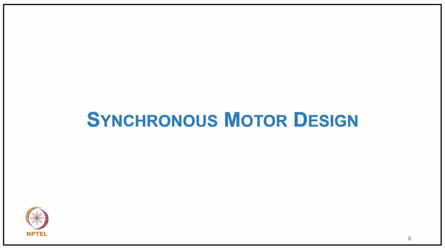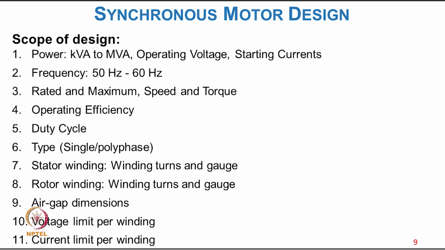Now coming to synchronous motor design, application of computer. The scope of design starts with the specification: the power rating in kV or MVA, especially for a generator, operating voltage, starting current for the motor, and frequency 50 or 60 hertz, rated and maximum speed and torque, operating efficiency, duty cycle, type: three-phase, polyphase or single phase, then stator winding, winding turns and gauge, rotor winding turns and air gap dimension, voltage limit per winding and current limit per winding.